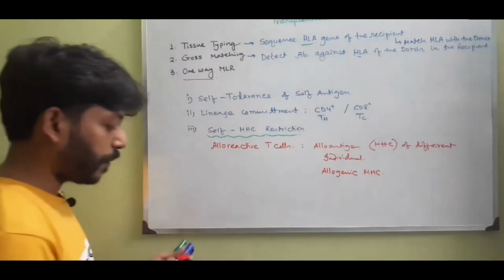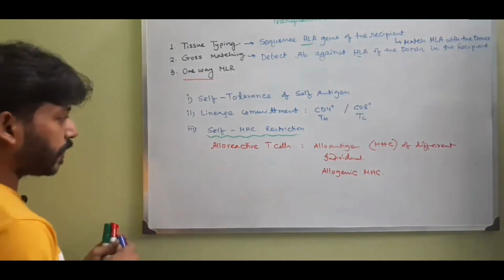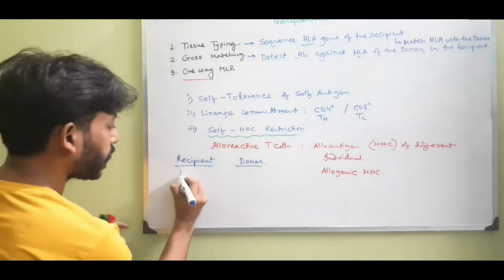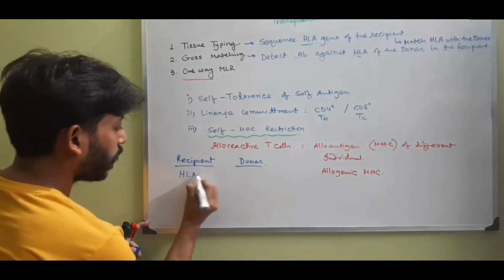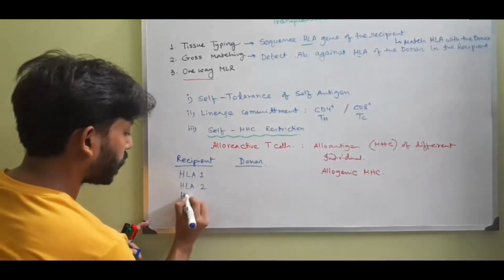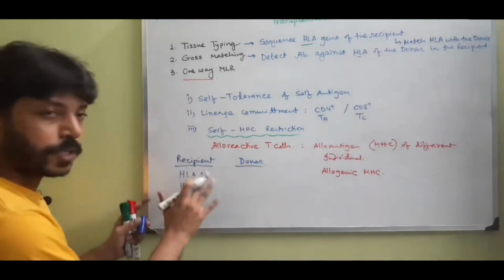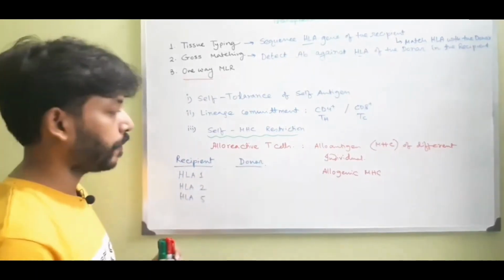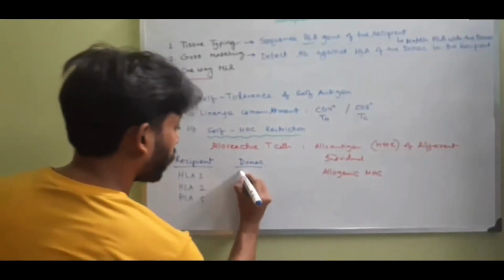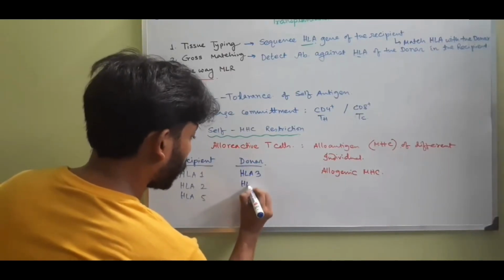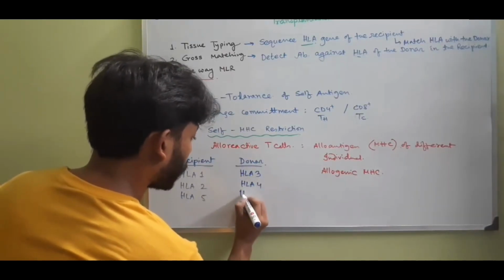I can give you a very simple example. Let's suppose this is the recipient and this is the donor. Now suppose this is a human being. If this recipient has HLA1, HLA2 and HLA5, suppose this recipient has these three types of HLA molecule, and the donor has HLA3, HLA4 and HLA6.